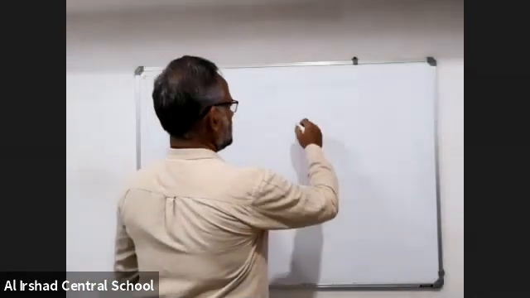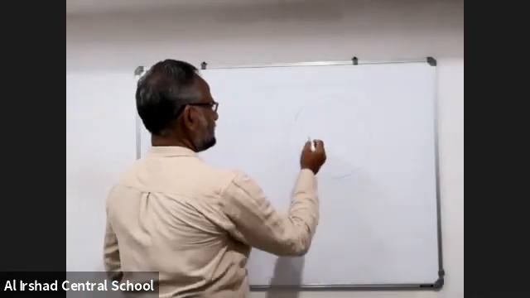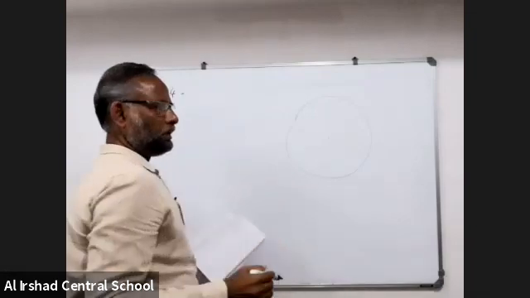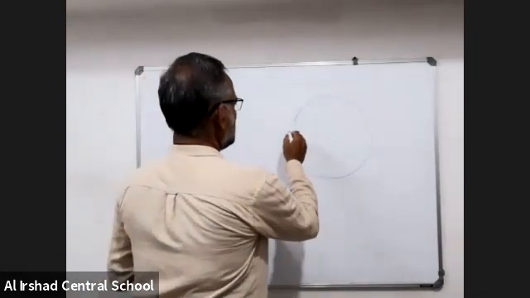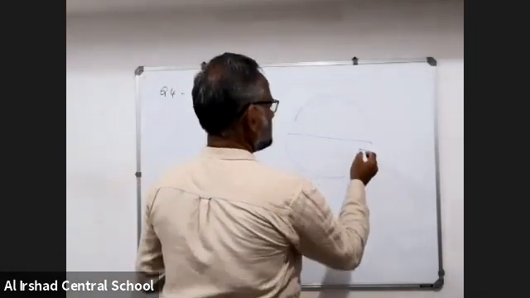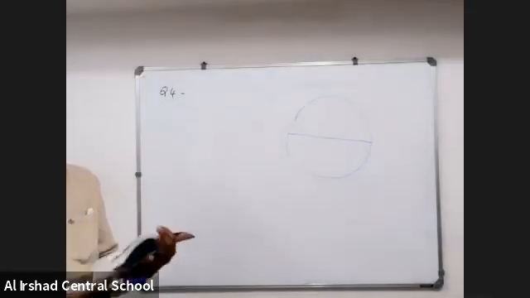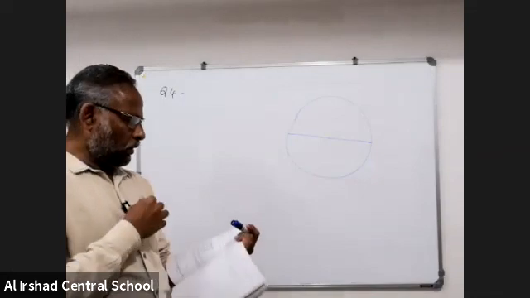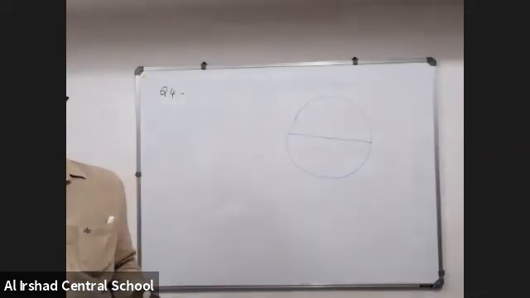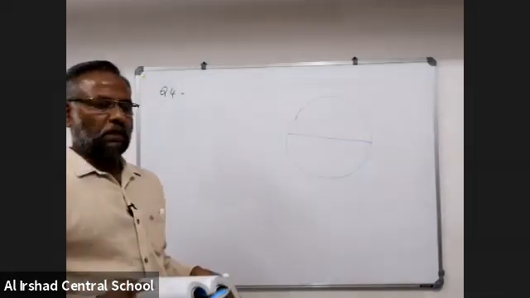Again, see the circle and the diameter. This is the diameter. You know the diameter. Then tangents drawn at the ends of a diameter of a circle are parallel.